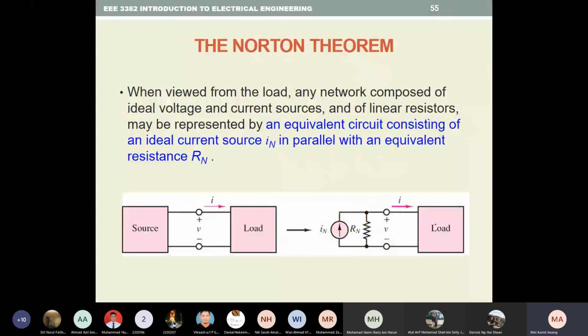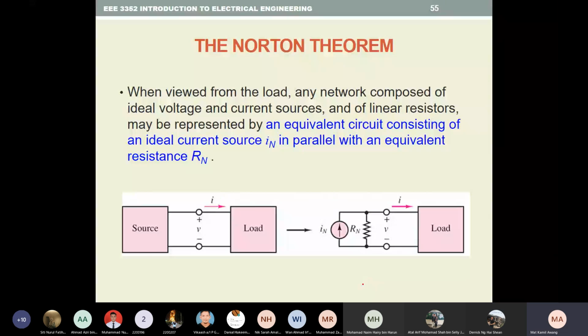Another method is Norton. When viewed from the load, any network composed of ideal voltage and current sources and of linear resistors may be represented by an equivalent circuit consisting of an ideal current source IN in parallel with equivalent resistance RN. So for the same circuit, instead of representing it by the Thevenin equivalent circuit, you can also represent it using the Norton equivalent circuit.